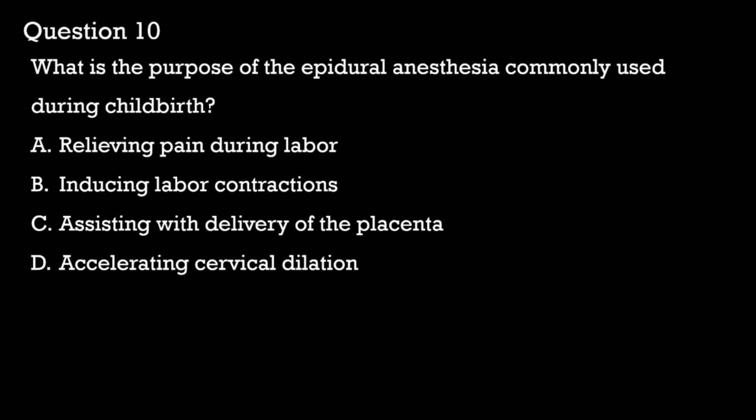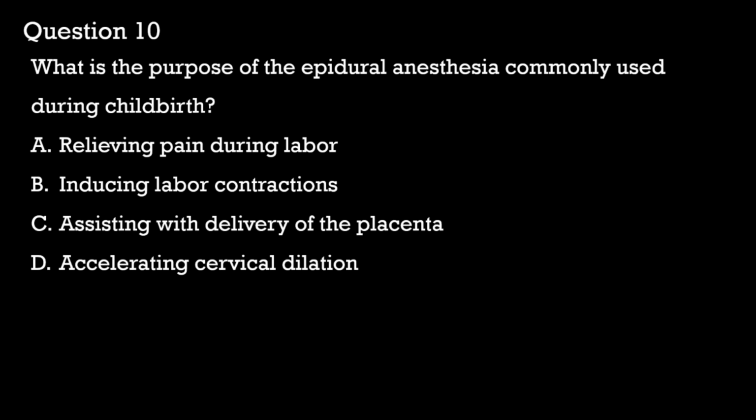Epidural anesthesia involves injecting medication into the epidural space of the lower spine. And the main purpose of this is to block pain signals from the lower part of the body. So this basically provides significant pain relief during labor, and it allows the mother to remain awake and alert. In option B, inducing labor contractions is usually done with hormones like oxytocin and not an epidural.